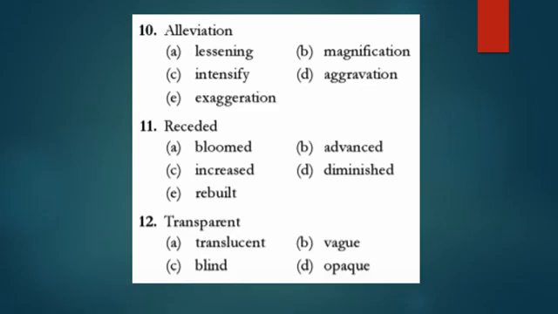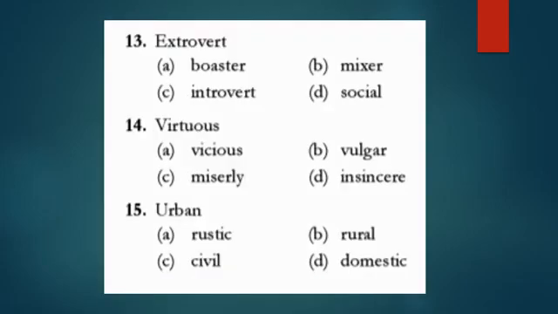Receded: bloomed, advanced, increased, diminished, rebuilt. Transparent: translucent, vague, blind, opaque. Extrovert: boaster, mixer, introvert, social. Virtuous: vicious, vulgar, miserly, insincere. Urban: rustic, rural, civil, domestic.